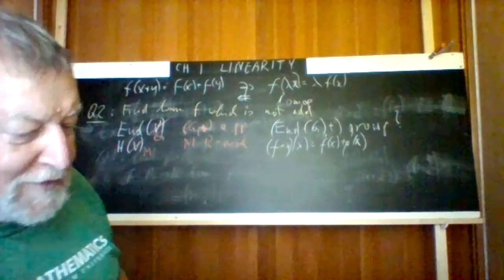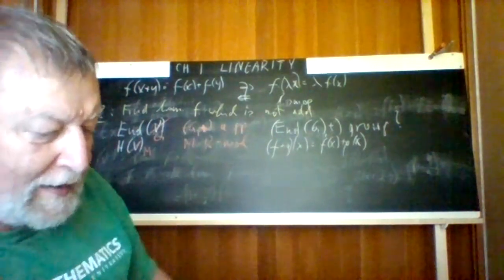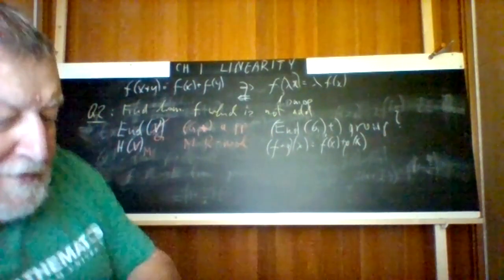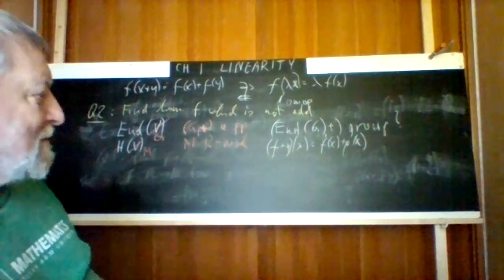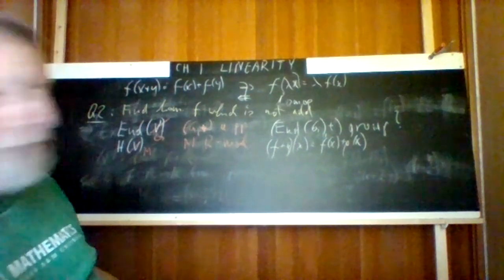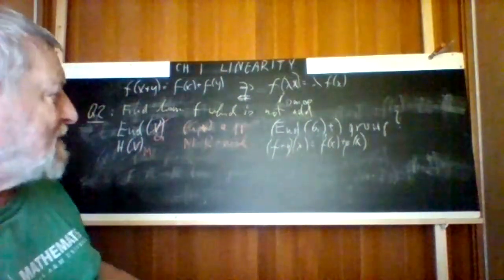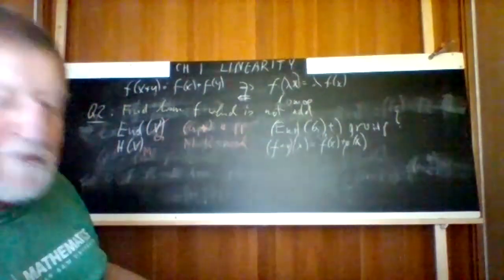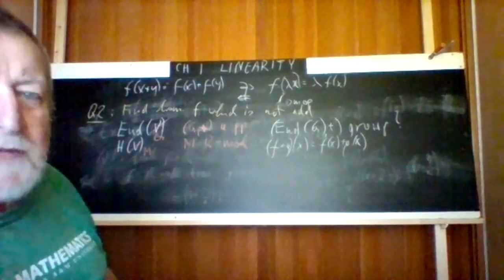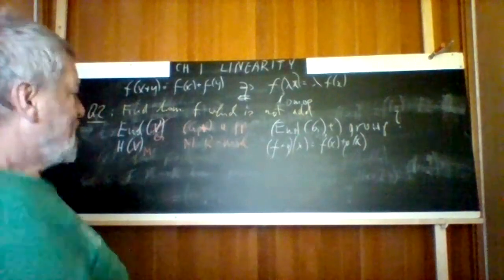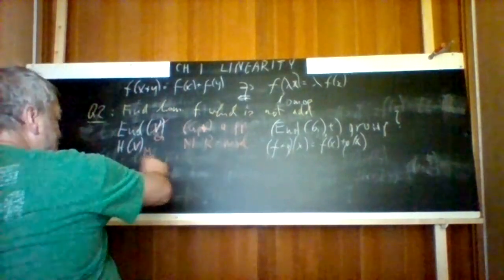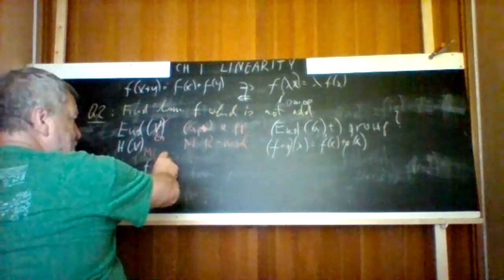And for that, we now have to check what's going on. And we'll do this step by step because it's essential to find out why it works sometimes and why it does not work sometimes. So let's start with f plus g.